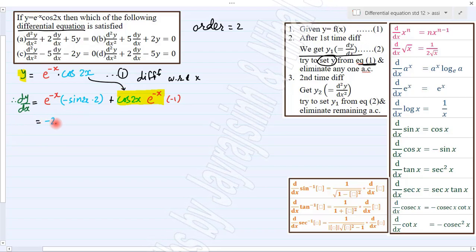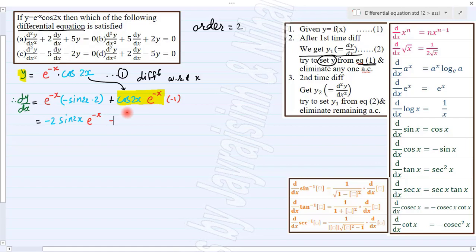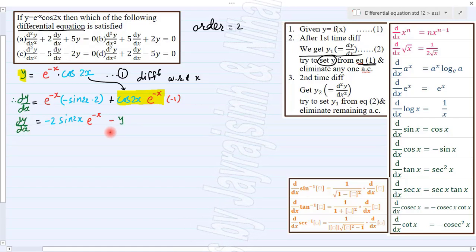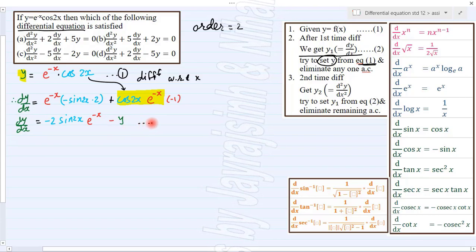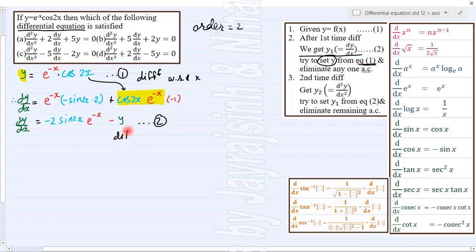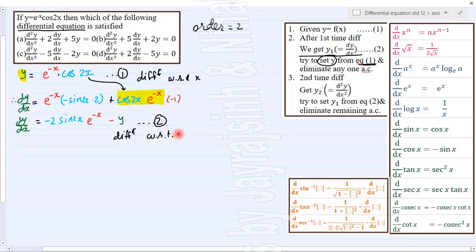So, we will get minus 2 sin 2x into e raised to minus x, then minus of y. So, we get the simplified form of dy by dx. Let's say this is your second equation and we are ready to differentiate our equation with respect to x again.